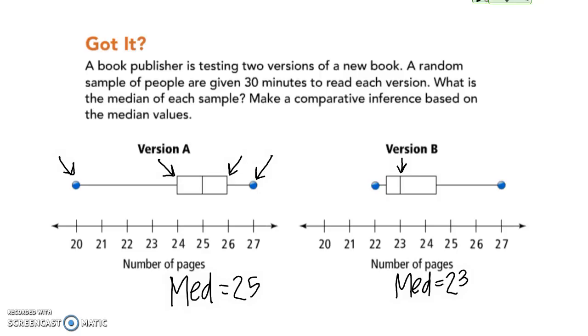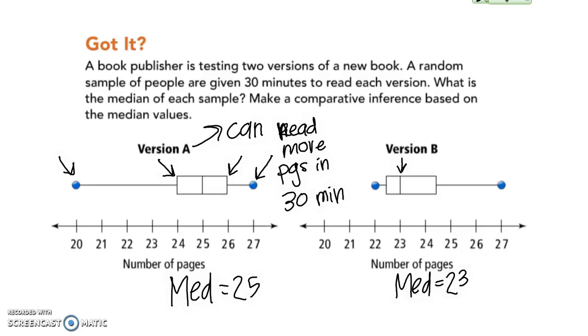We would say version A, you can read more pages in 30 minutes, because the median is 25 pages read versus the median for the second version is 23 pages read. So that one must be a little bit harder to read.